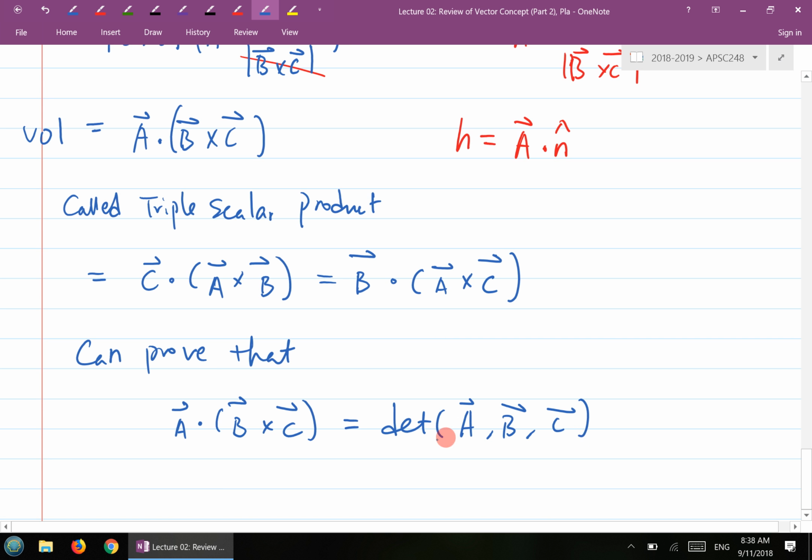Basically, you calculate the determinant. You put the first row as A1, A2, A3, the second row B1, B2, B3, and the third row C1, C2, C3. So that's what this determinant ABC means. If you put the first row as A, second row as B, third row as C, and you calculate the determinant, that's exactly the same result as this one here. Okay?